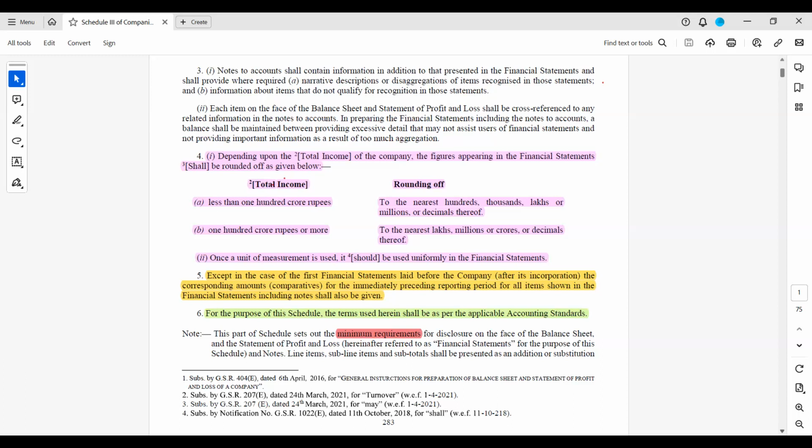So, only for the first year of incorporation, there need not be comparative previous year figures, because that is the first year of incorporation. There will not be any previous year. But subsequent to the first year, all years should contain previous year figures everywhere, not just in the balance sheet or P&L, but cash flow statement, notes to accounts, schedules, everywhere.